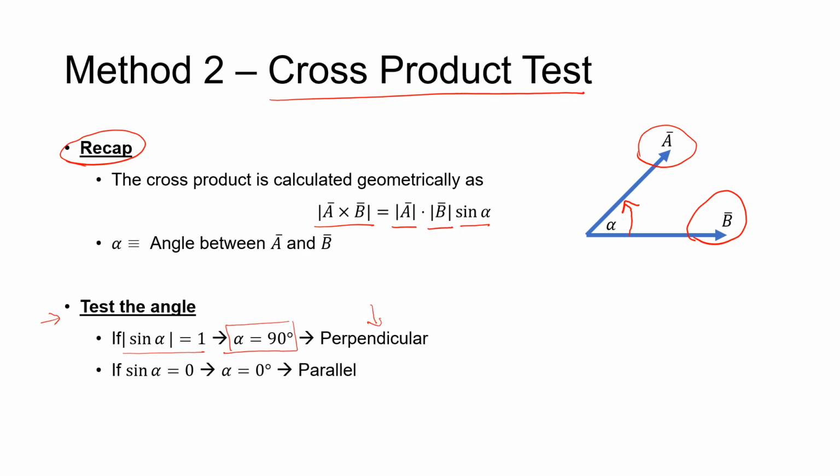But if sine alpha is equal to 0, the angle is 0 degrees and the vectors are parallel. Again here, this can result in 1 or negative 1, and this is 90 degrees and this one is 270 degrees. This means that the vectors either make 90 degrees this way or 270 degrees this way.